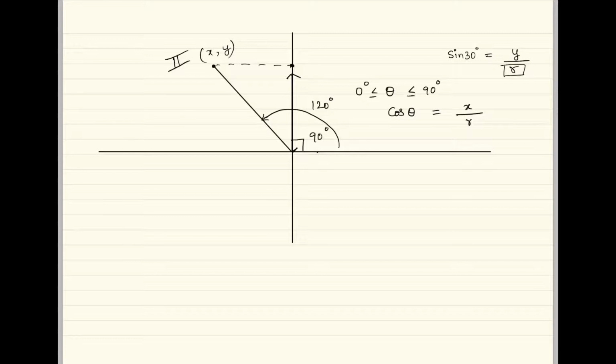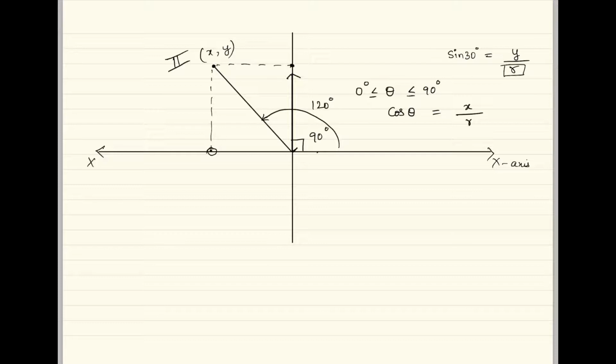What can you say about cos 120? Cos 120 is the x coordinate by radius, and the x coordinate is going to be negative. This is the negative x-axis, correct? So cos 120 is going to be negative. Keep these basic things in mind.